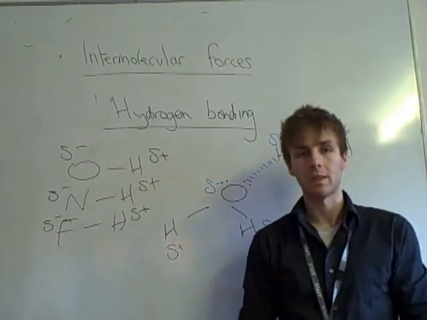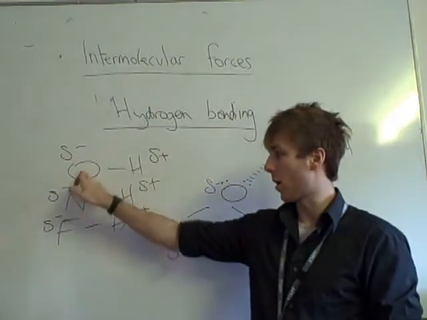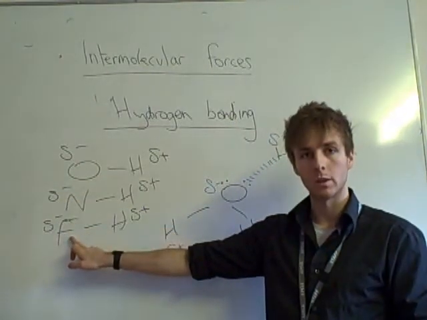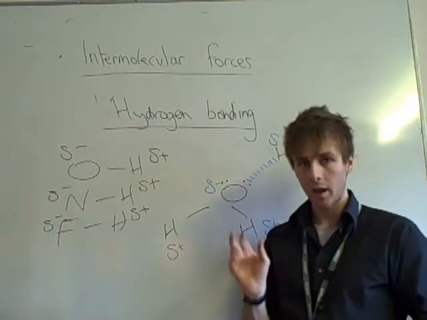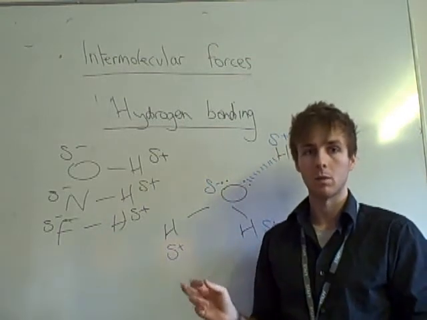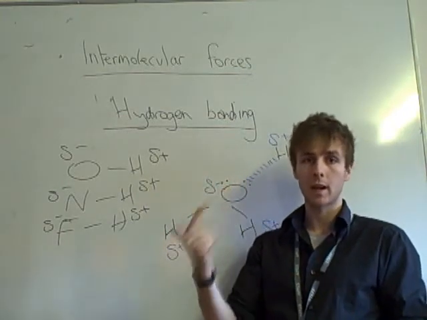And that's what they want you to say in an exam. The lone pair of electrons from either my oxygen, my nitrogen or my fluorine is attracted to the positively polarised hydrogen. That's what would be written in the examiner's mark scheme. Lone pair of electrons attracted to the positively polarised hydrogen.